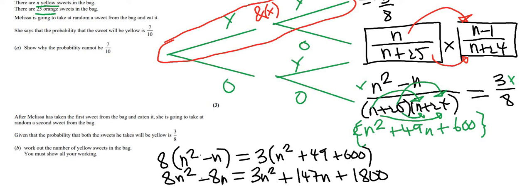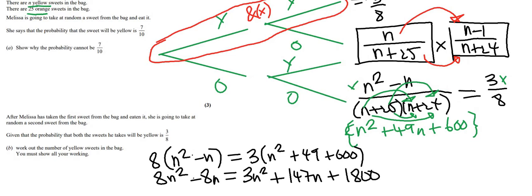Now we've got our equation. What we need to do now is start to balance it, so we get the whole equation on one side, which will let us solve for n.